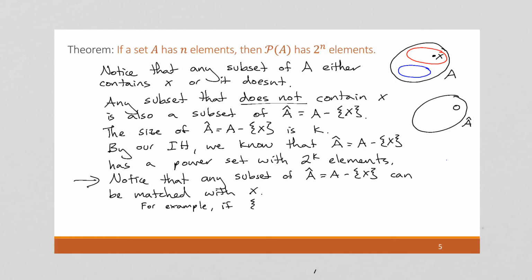If the set containing a and b is a subset of A hat, then the subset containing a, b, and X is a subset of A. Right? Because I can match that X with all the subsets in A hat.